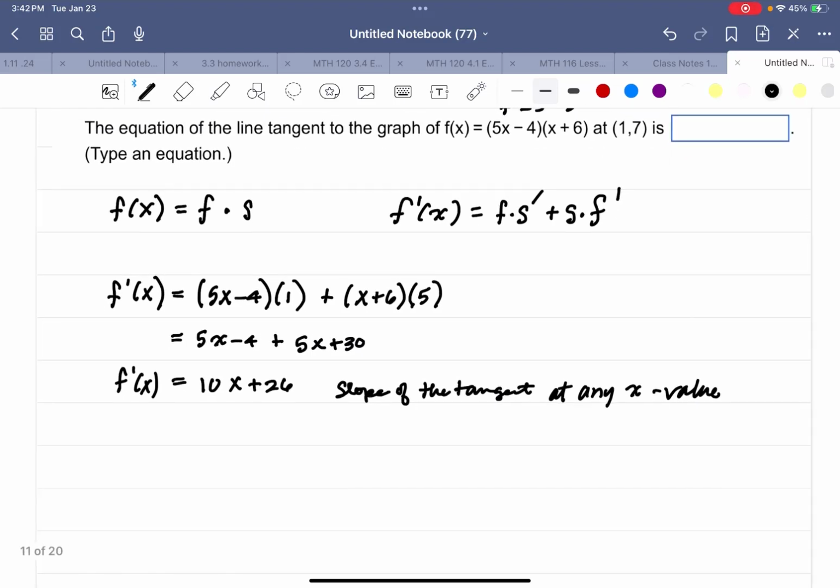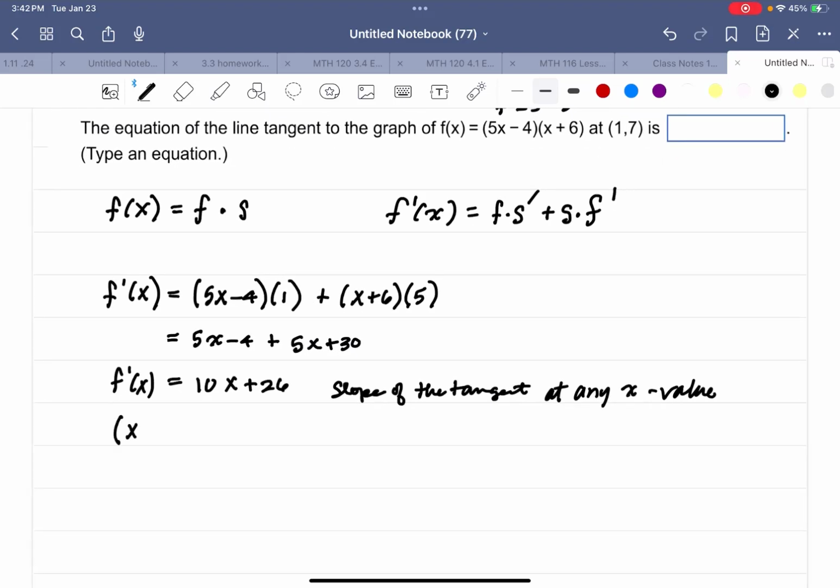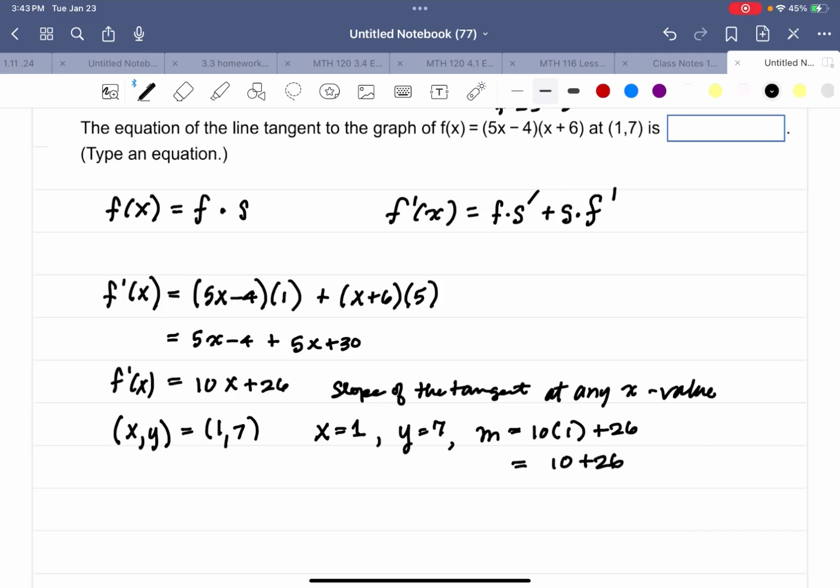Now they gave us a point, x, y is 1, 7. So that's x is 1, y is 7, and our slope is going to be 10 times 1 plus 26, so our slope is going to be 36. Because we have to use the x point that they gave us, which was 1, and we use it in our slope formula, and that's how I got the slope of 36.